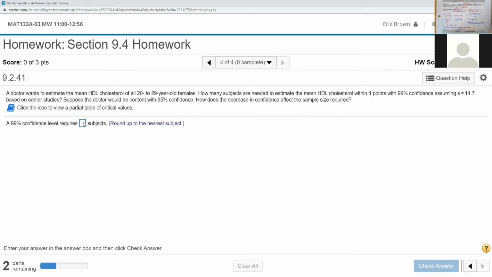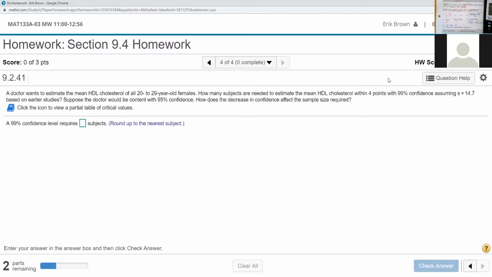Let me just do this real fast. So inverse norm, I'm doing 0.005. My z critical value is 2.576. So I'm going to do 14.7 times 2.576 divided by, notice it says within 4 points.